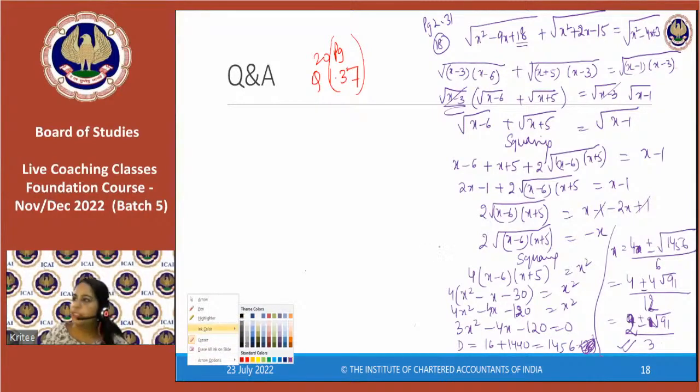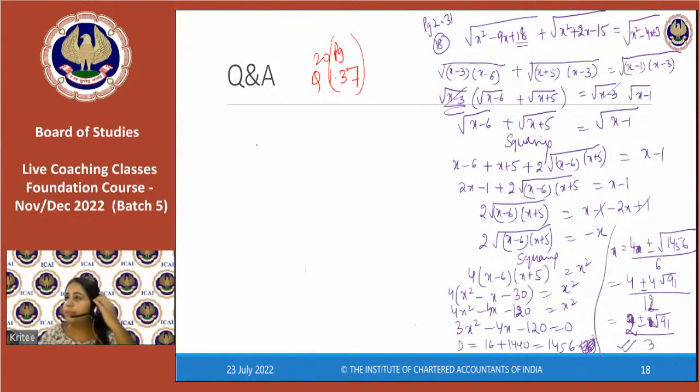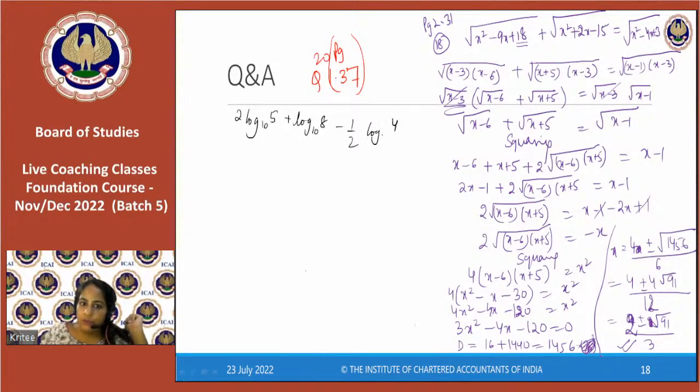And yes, so this question says, question number 20, page 1.37, the simplified value of 2 log 5 to the base 10 plus log 8 to the base 10 minus half log 4 to the base 10. So take the values above. This looks like log 5 square to the base 10 plus log 8 to the base 10 minus log 4 to the power 1 by 2 to the base 10.